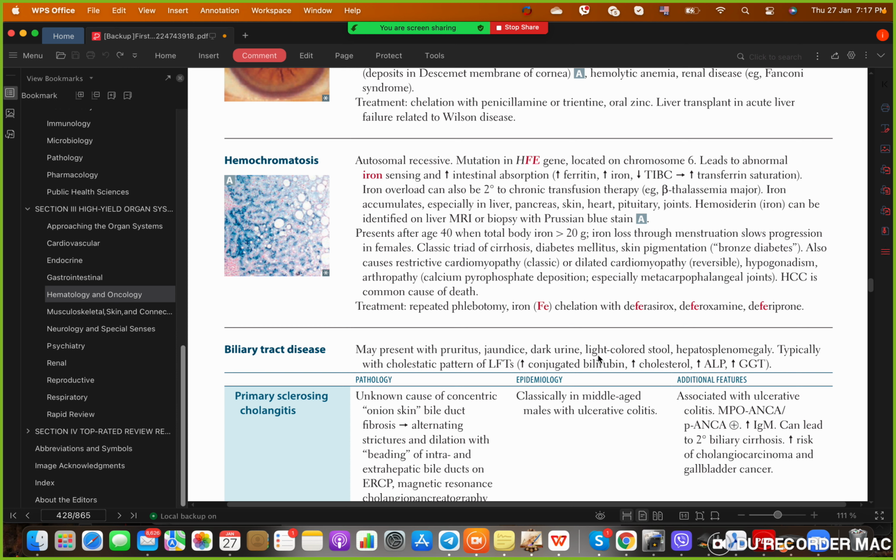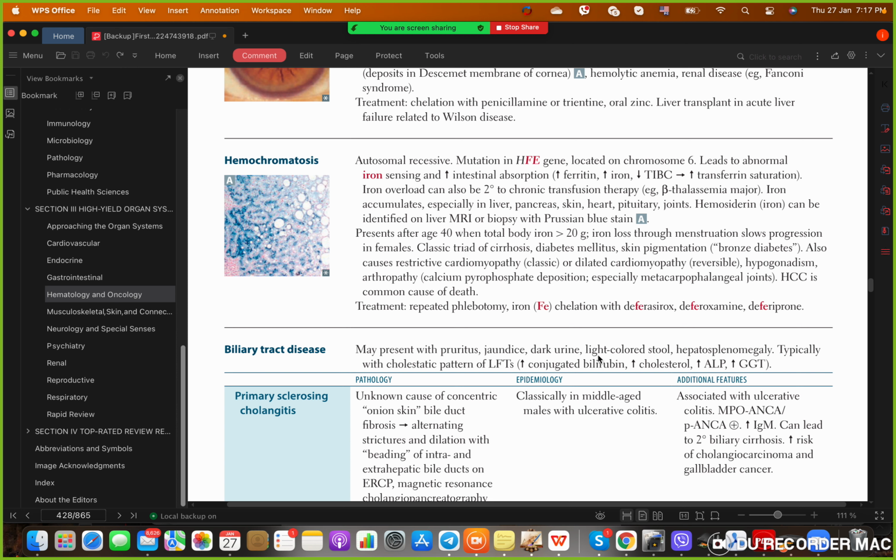Iron loss through menstruation slows the progression in females, so they will have later presentation. The classical triad includes cirrhosis because it accumulates in the liver, diabetes mellitus because it accumulates in the pancreas, and skin pigmentation, which is also known as bronze diabetes. It can also lead to restrictive or dilated cardiomyopathy, and also hypogonadism because it accumulates inside of the testicles.